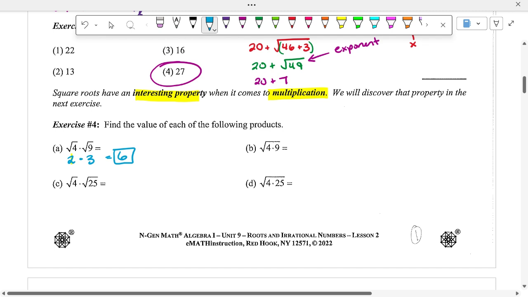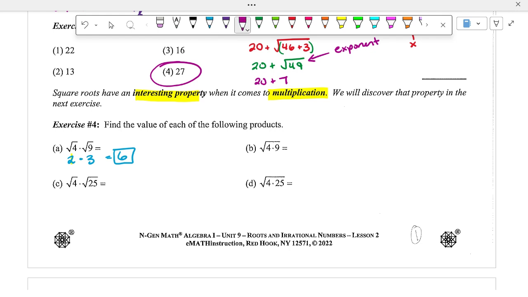Why does that make sense? So now we have to do the 4 times 9 first. What's 4 times 9? 36. Well, what's the square root of 36? It's 6. So, what do you think is true about multiplying radicals?